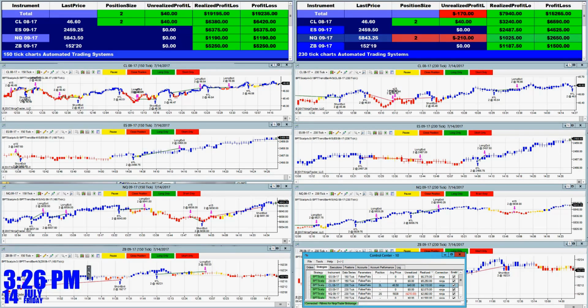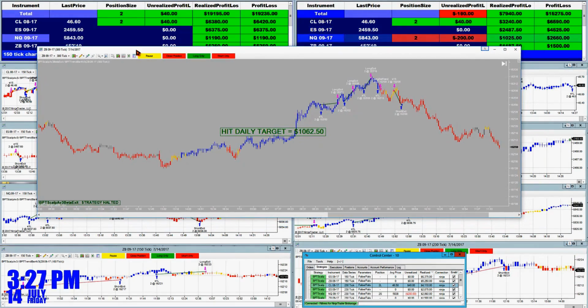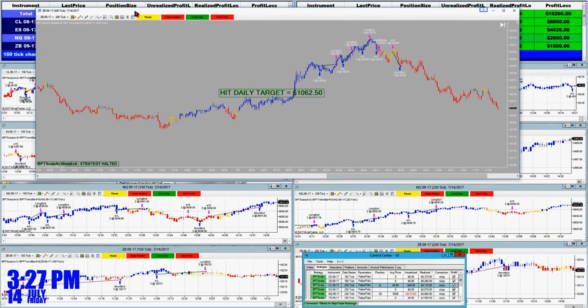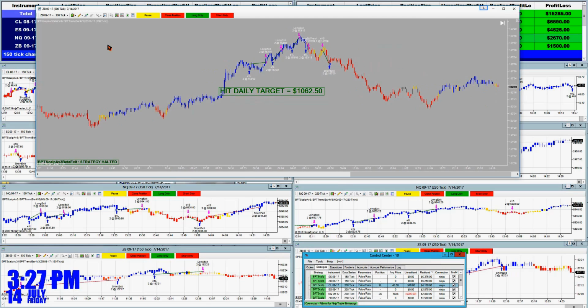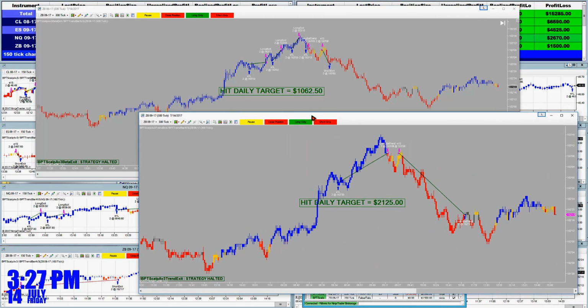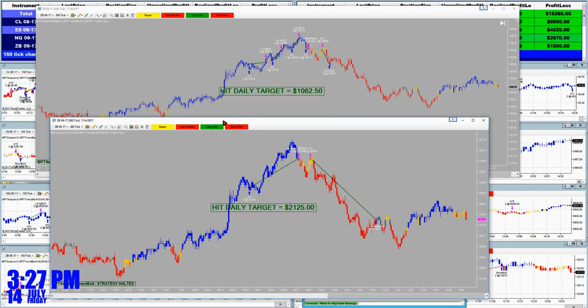Let me show you another example today. This is the scalping on the 30-year Treasury bond, and this is a market order. And this is the 30-year Treasury bond on the swing trading.